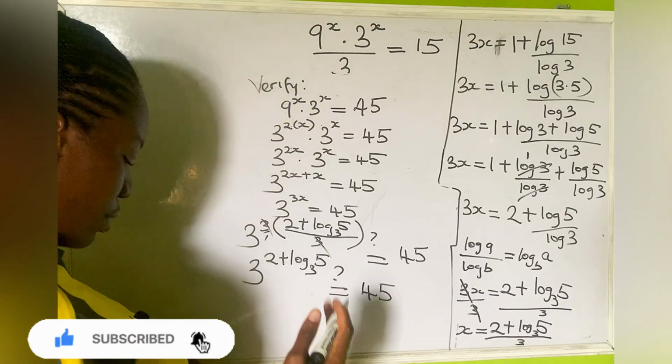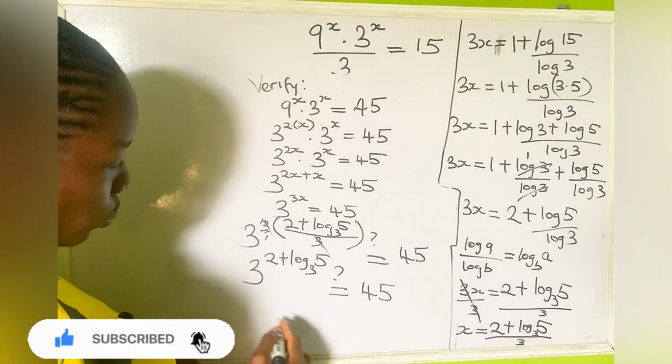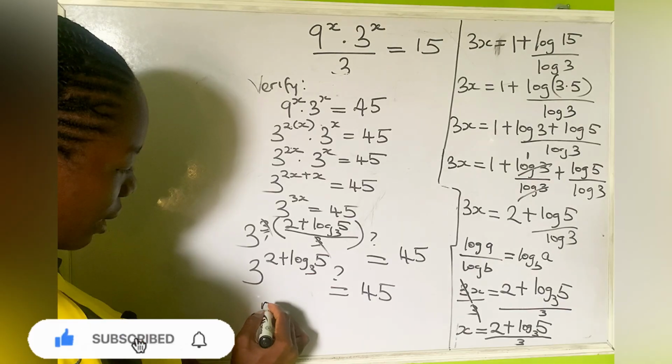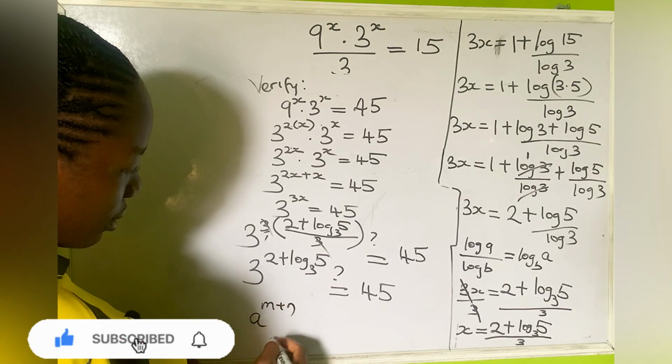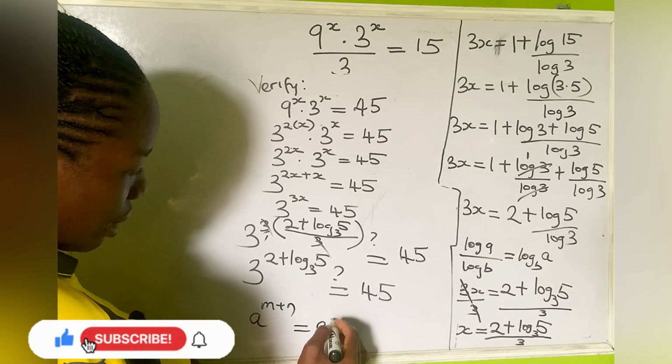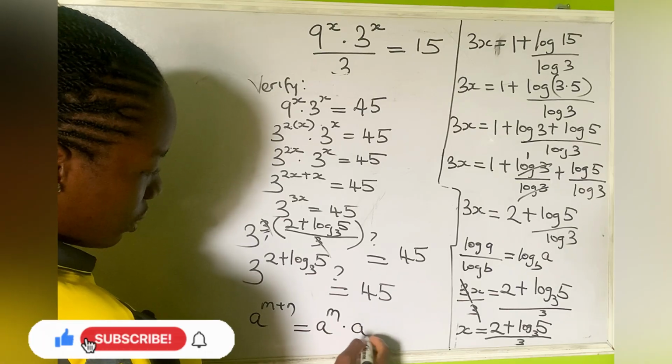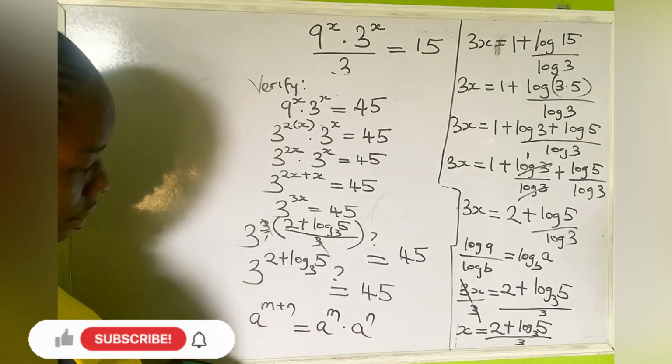All right. So now in the logarithm rule, when you have a to the power of m plus n, it's the same thing as saying a to the power of m multiplied by a to the power of n. Okay, so let's do that.